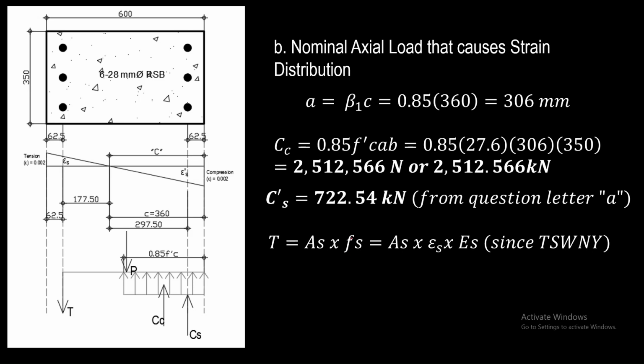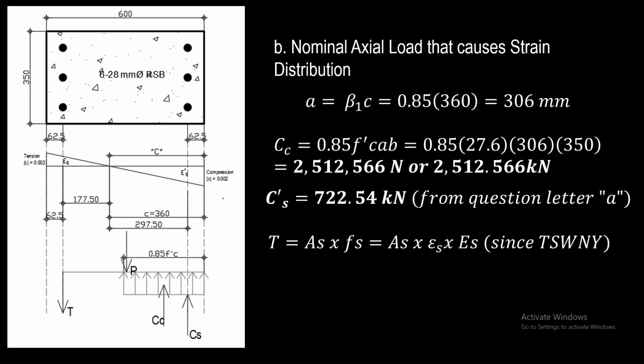Since the tension steel will not yield, we have to take into account the actual value of Fs, the strain of tension reinforcement multiplied by the modulus of elasticity of the steel. Fs is not equal to Fy in short.